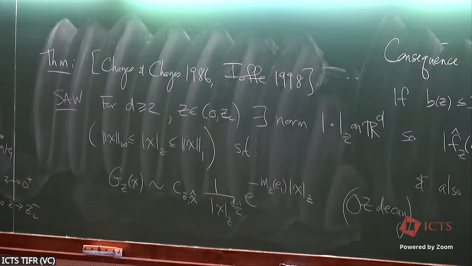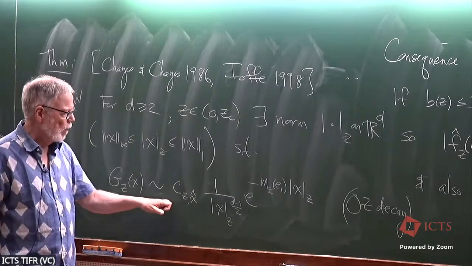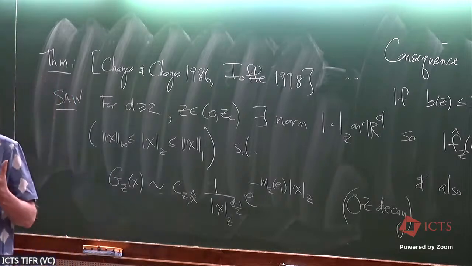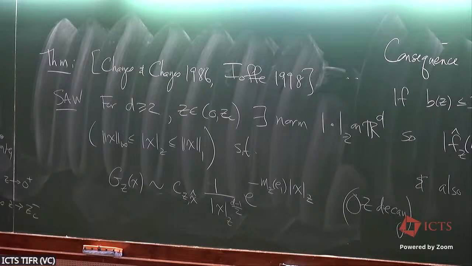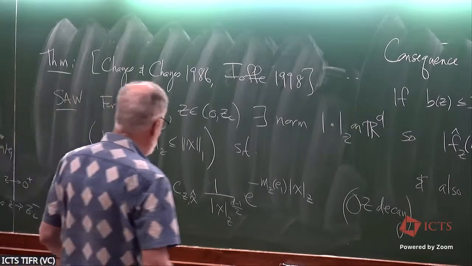And using properties of Bessel functions, we could then calculate the asymptotics. And so we figured out what was going on there. That was not completely satisfactory because as soon as you change the model a little bit, you no longer have the representation in terms of modified Bessel functions. And so, what are you going to do? So with Yucheng, we did something different. And that's what I want to talk about.